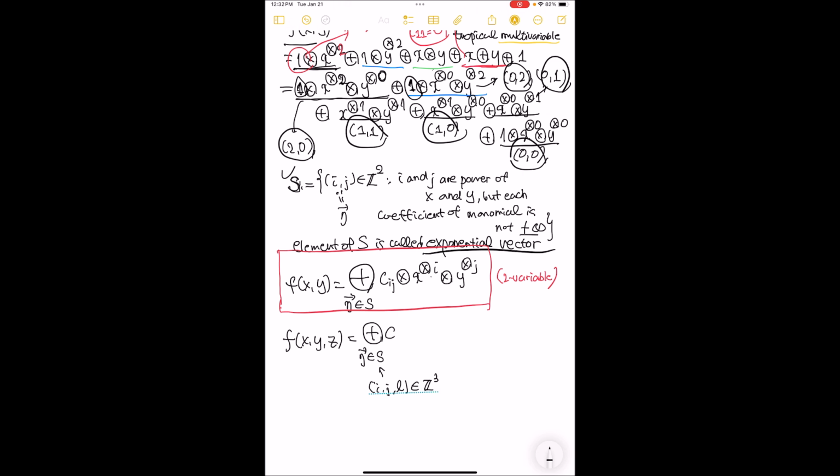And the coefficient is changed to Cijk, and variable z, like this. So that is the exponential vector.